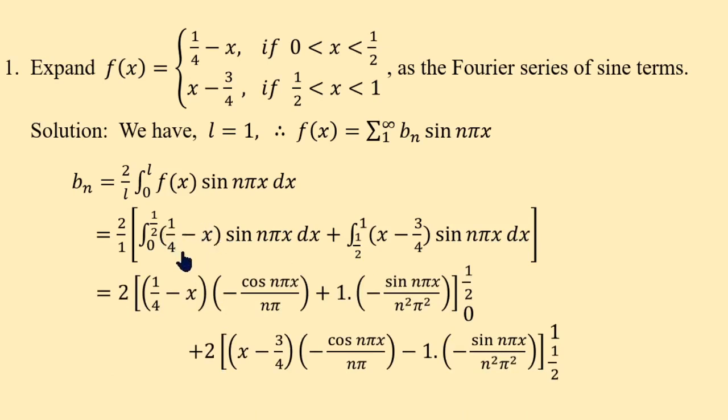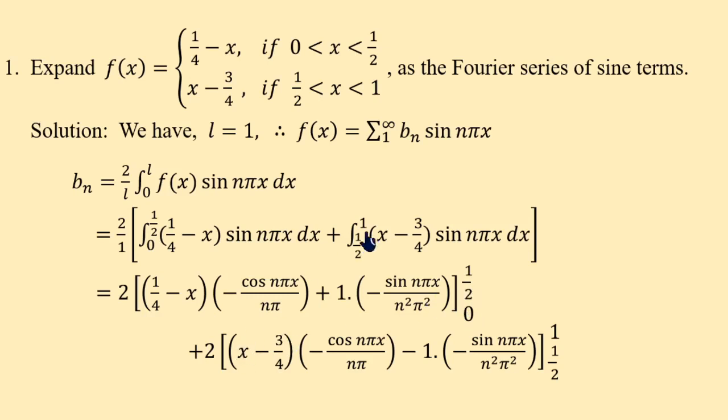Here the first function is 1 by 4 minus x, minus derivative of the first function is minus minus plus 1. Integral of sin n pi x is minus cos n pi x by n pi. Again integrate, minus sin n pi x by one more n pi, so n square pi square, and apply the limit from 0 to half.